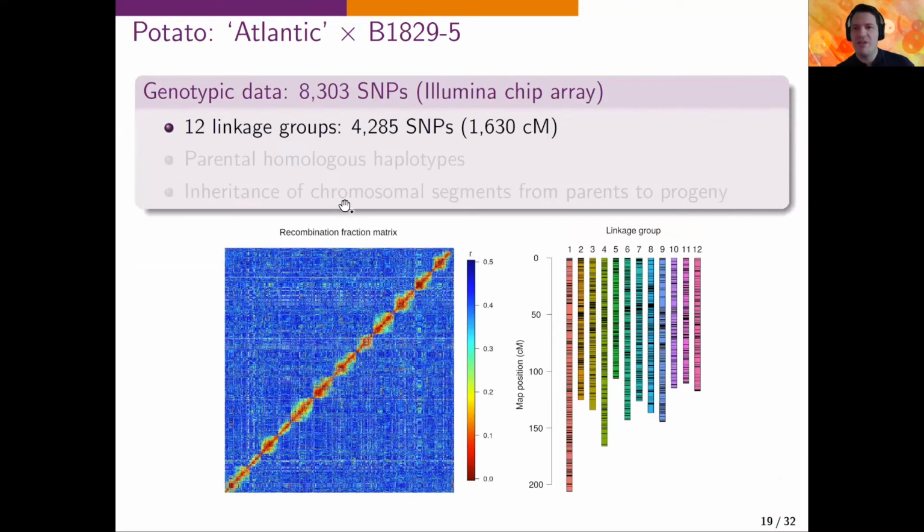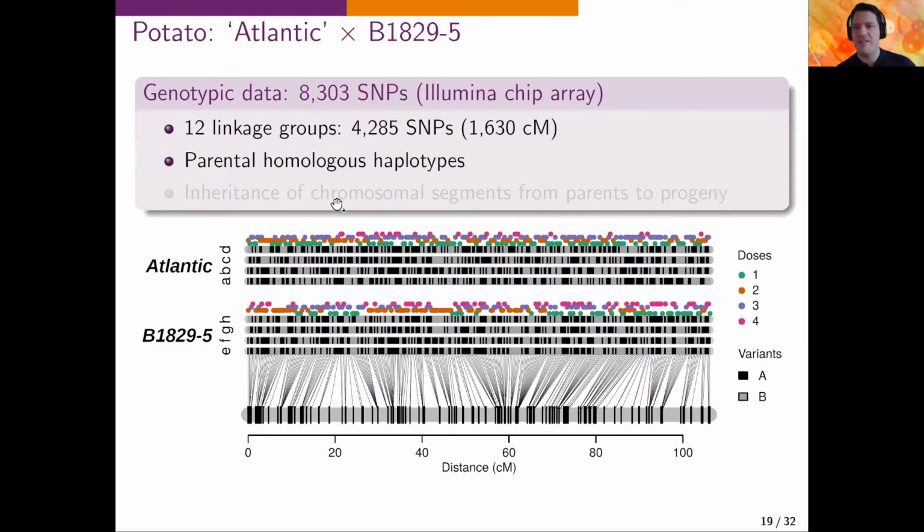So again, the population is genotyped with a chip array with 8,300 SNPs, and the linkage analysis resulted in 12 linkage groups with over 4,200 SNPs. Using MapPoly, we identified all parental homologous haplotypes, which allowed us to track the homologous parental contribution for each individual.